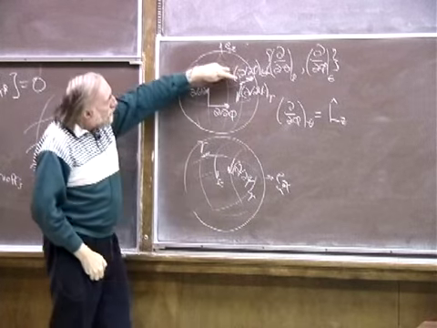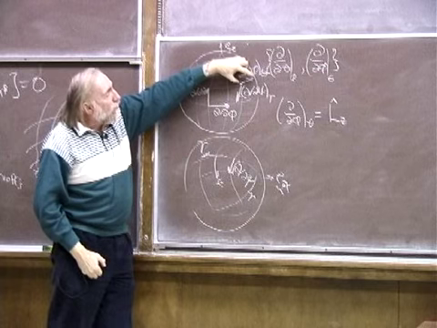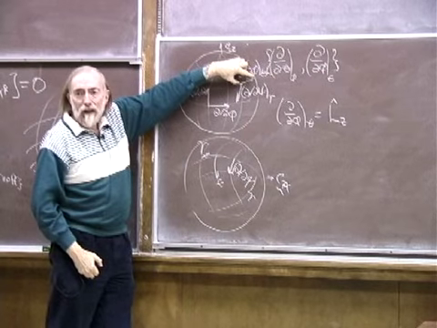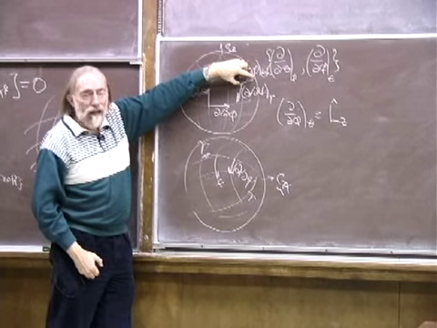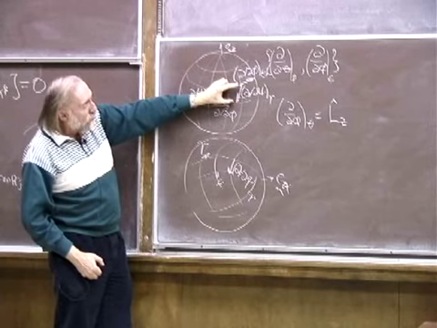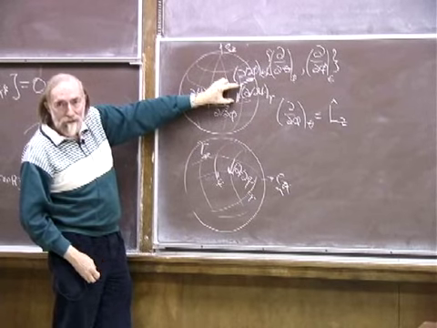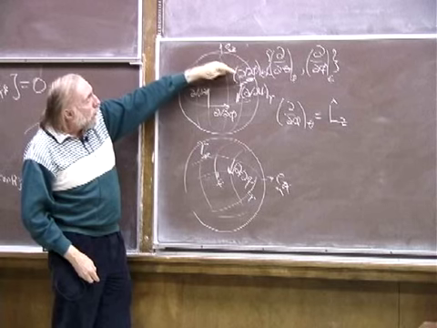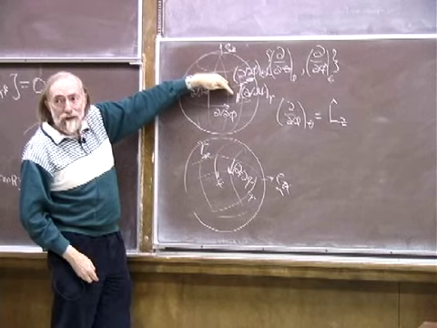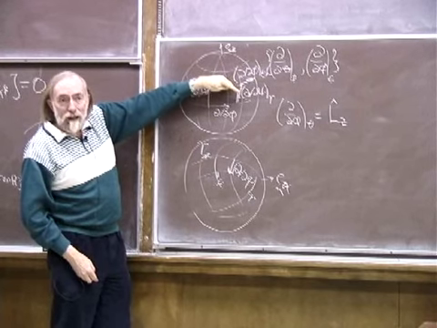This guy is also the angular momentum operator in quantum mechanics for rotation around the z-axis. This is the angular momentum operator for rotation around the x-axis. And I can certainly use that kind of a basis. But these guys don't commute.